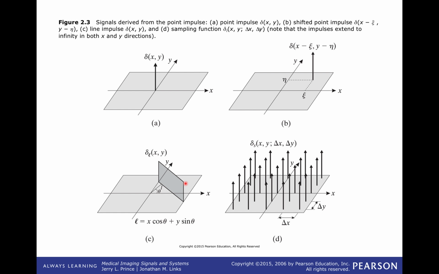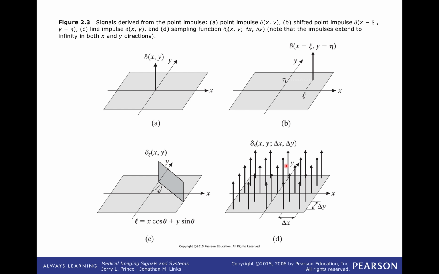So the f of xy gets pulled out on that line. And we'll see in CT we can parameterize where this line is with L, which is a distance from the origin, and theta, which is an angle of the line. And that implicitly defines a set of xy pairs, which is just an equation for a line. Another way to write it, right?